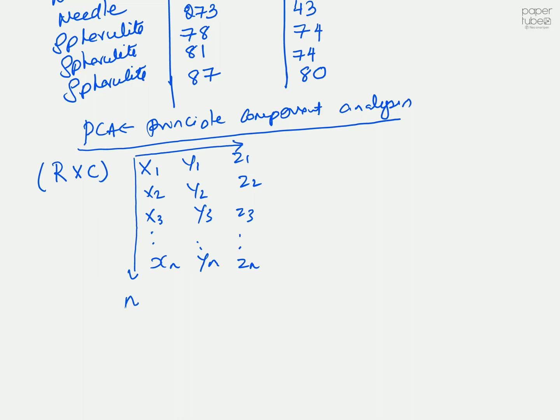So the dimensions of this type of data will be equal to n multiplied by 3. Something like row multiplied by column. So that's how you define the dimensions of the data set. Row comes first and then column.